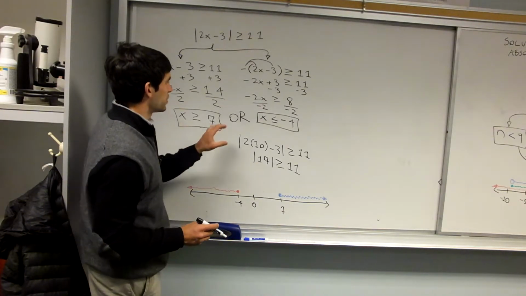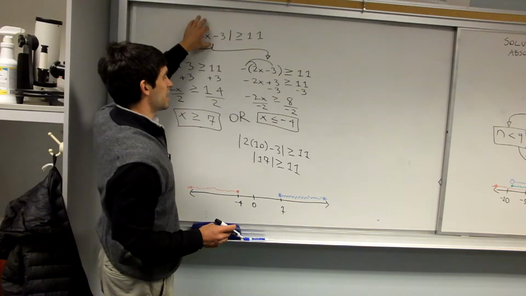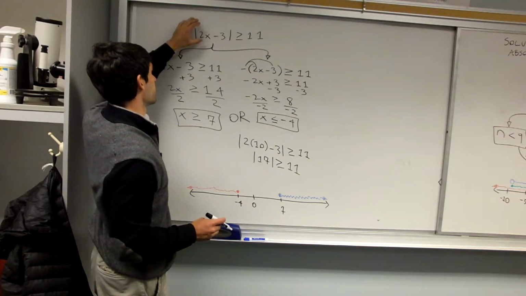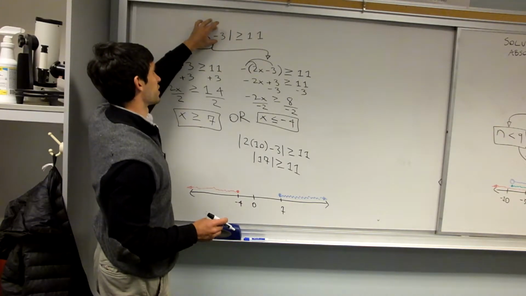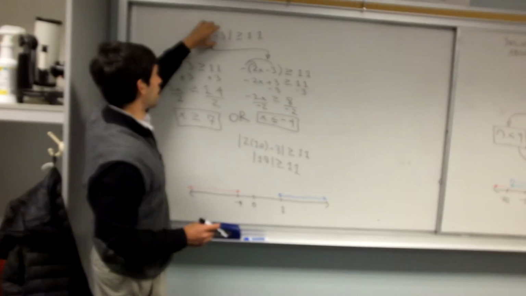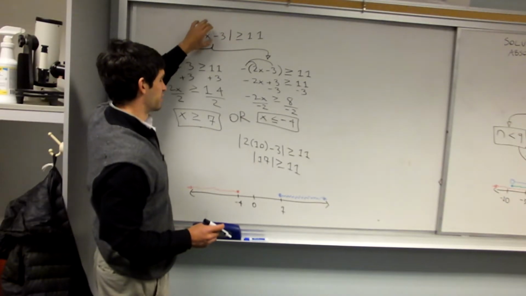Additionally, if we take a big negative number, the inside of the term is going to be a bigger negative number, or in our case, a smaller overall number. And if we take the absolute value of that big negative number, it's going to make it a big positive number, and it'll be greater than or equal to 11. So let's look at the case of, say, -20.